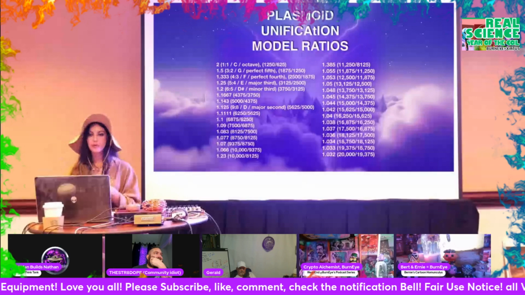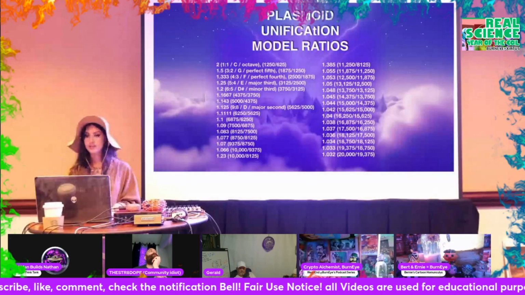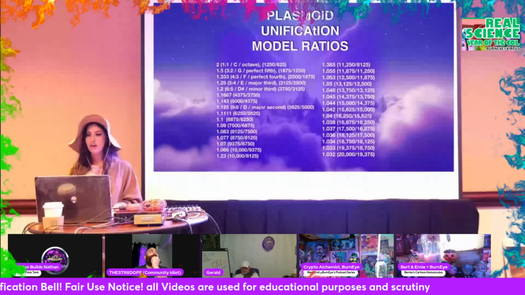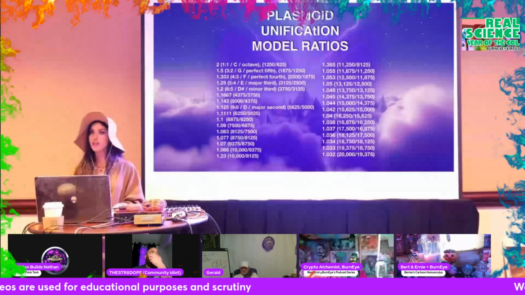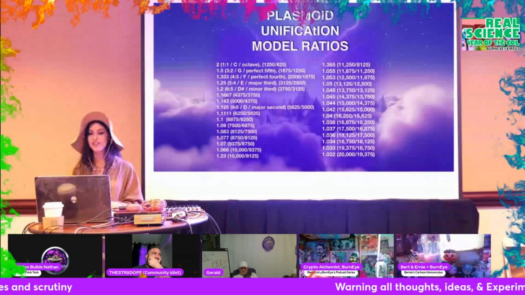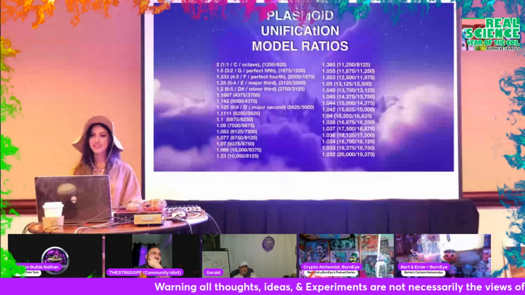From line 11 to line 23, all the ratios between all of the numbers were the same. I didn't expect that at all.